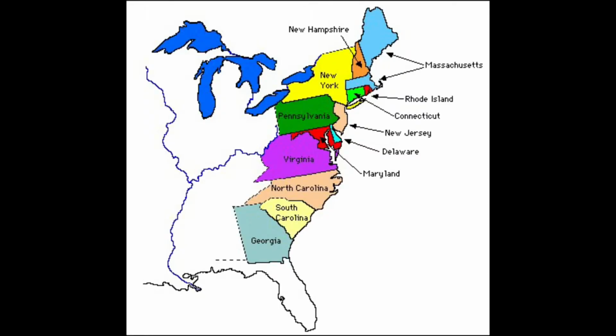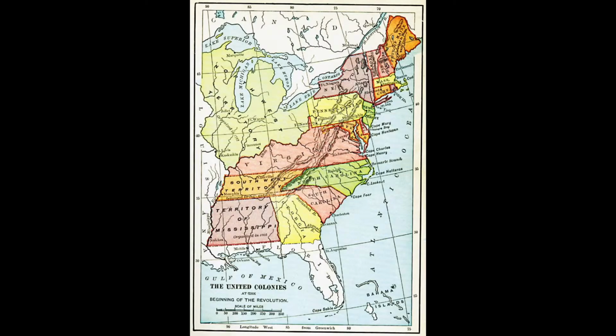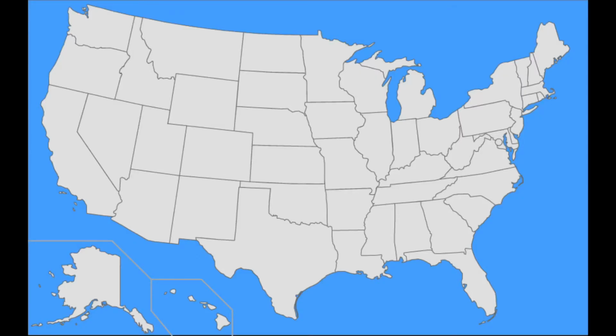These colonies went from 13 British-controlled areas to one unified and independent state in a matter of decades, and in the next centuries to come, became one of the greatest global superpowers the world has seen.